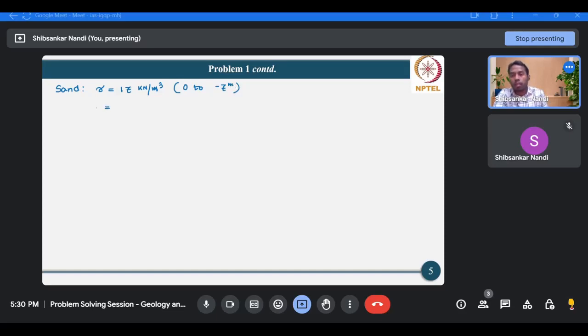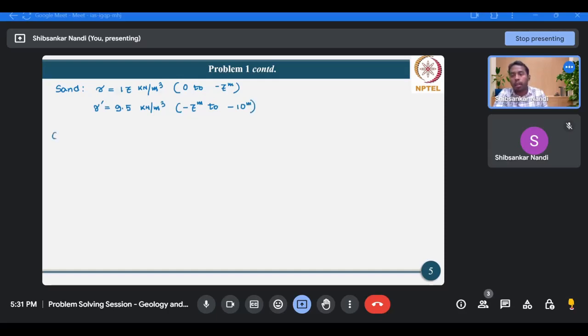Then gamma prime is 9.5 kilonewton per meter cube. This is valid for -7 meter to -10 meter.